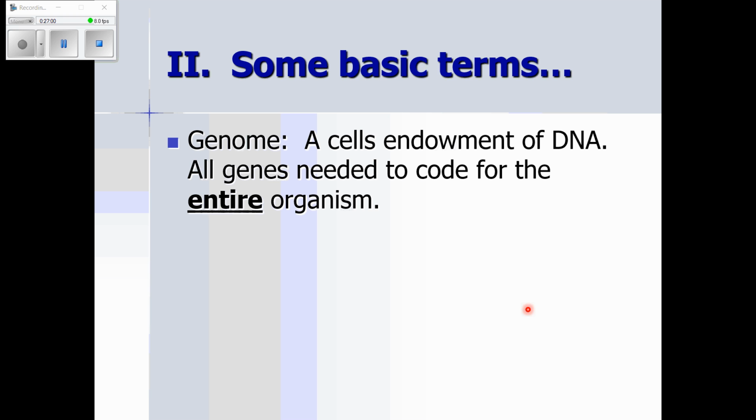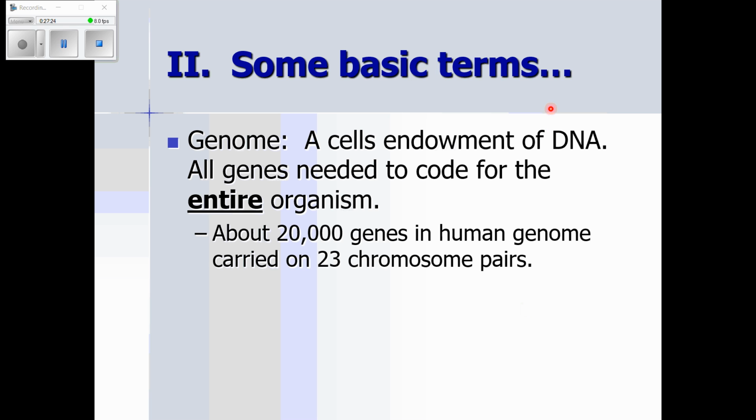That means you could take a skin cell, an epithelial cell from your arm, and in that arm cell are the genes for teeth and eyeballs and liver and kidneys. Even though it's in your arm and it's just a skin cell, every cell in your body has the exact same genome.